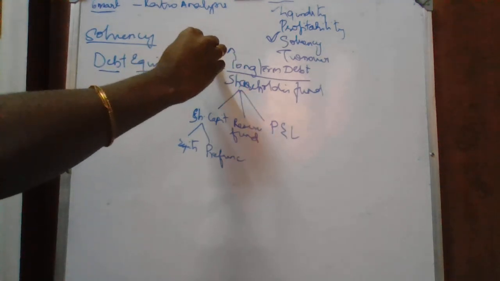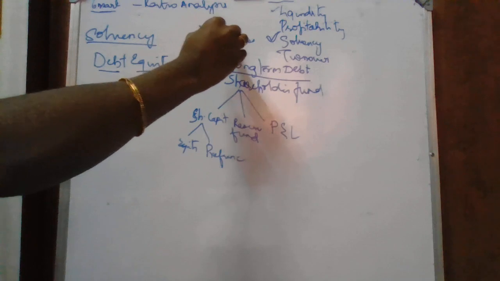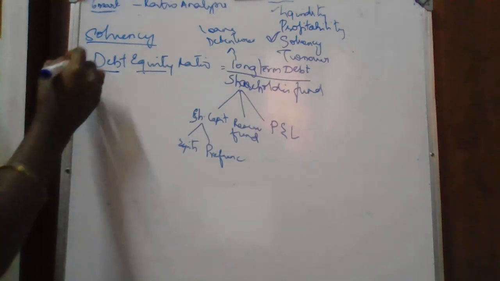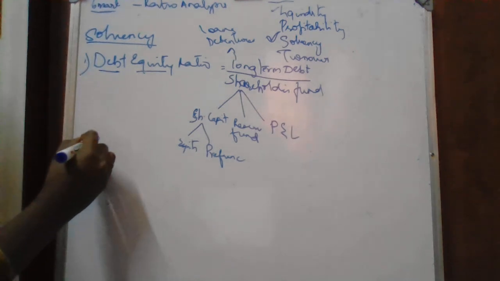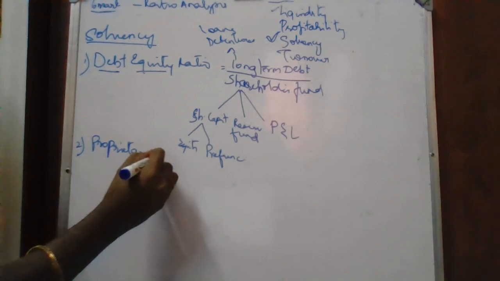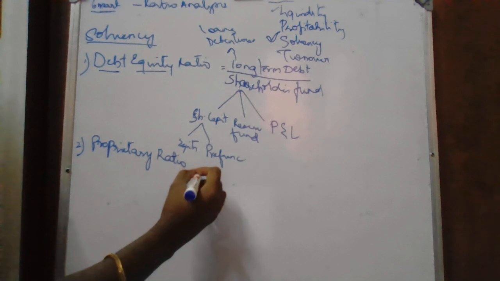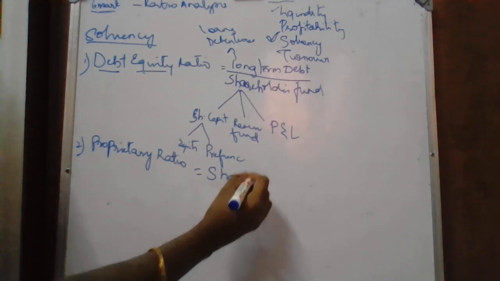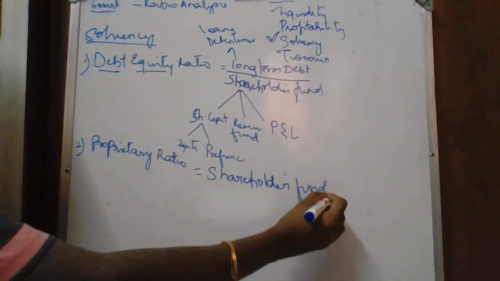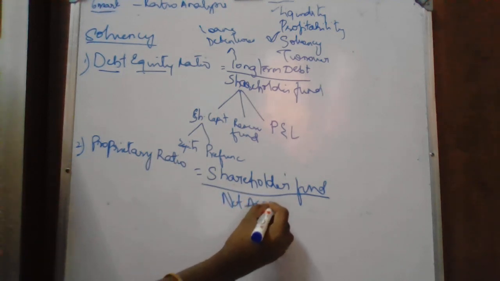Long-term debt, you will have debentures, loans from financial institutions or borrowing from financial institutions or from banks. Next is proprietary ratio. The proprietary ratio formula will be proprietors, so shareholders fund divided by net assets. What are net assets?